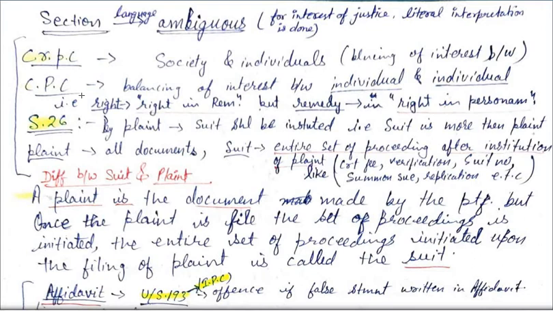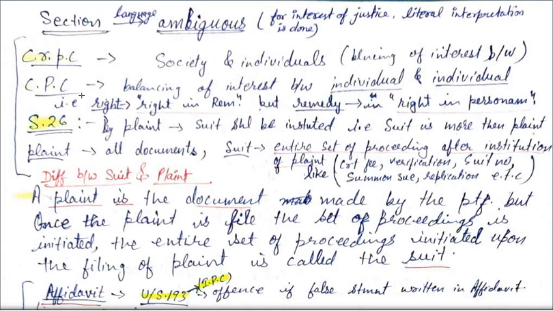So the balancing between these two. And in CPC, it is the balancing between my and your rights, two individuals. So that is the difference. But लेकिन दोनों में ultimately doing justice is the ultimate goal. अब यहाँ पर individuals के बीच में justice और CRPC में society के बीच में और individuals के बीच में justice.